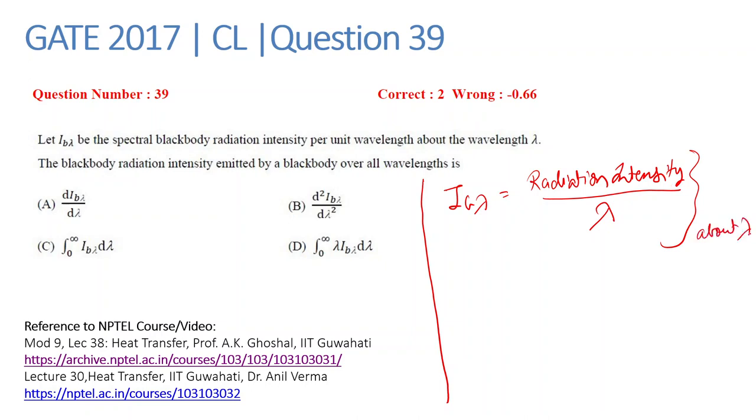So for the wavelength of lambda, we have been given the spectral black body radiation that is given by IB lambda, and we have been asked to find this across all the wavelengths. So we will be basically integrating this IB lambda term from 0 to infinity across all the lambdas, and this term is known as my black body radiation intensity.